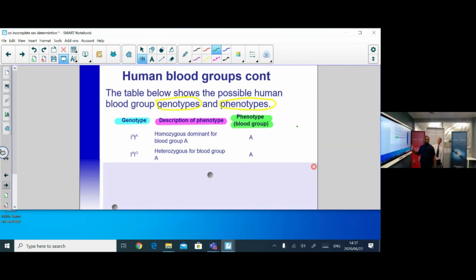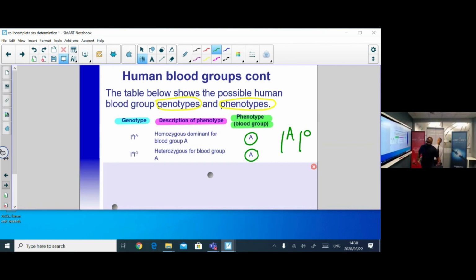If A is dominant over O, then that's when we write it as this. It means it's heterozygous, but the blood group remains A. It's homozygous, but we write it as A.